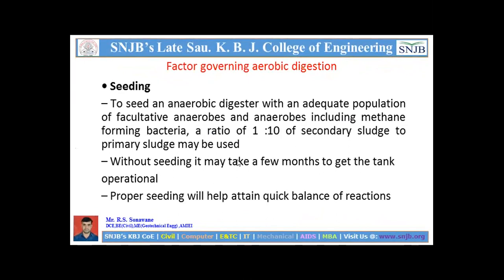Without seeding, it may take a few months to get the tank operational, and proper seeding helps to attain a quick balance of the reaction. Anaerobes are microorganisms that can grow without consumption of oxygen, and they help in the forming of the methane gas.